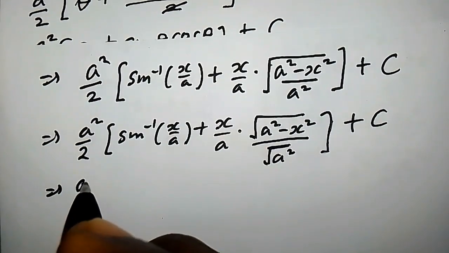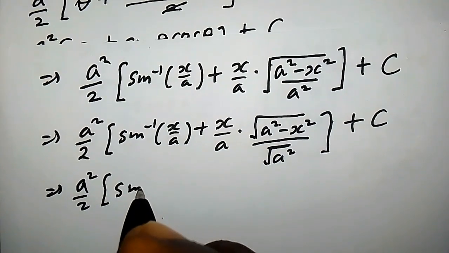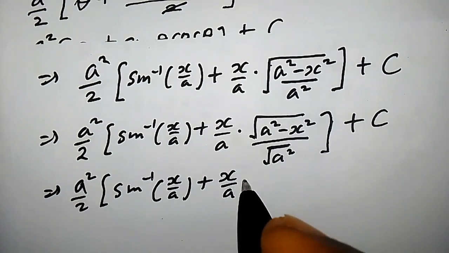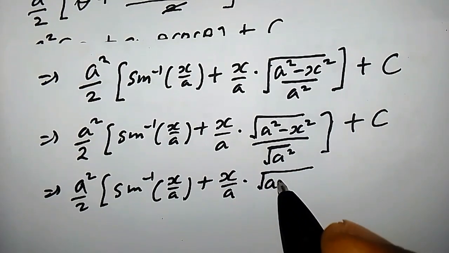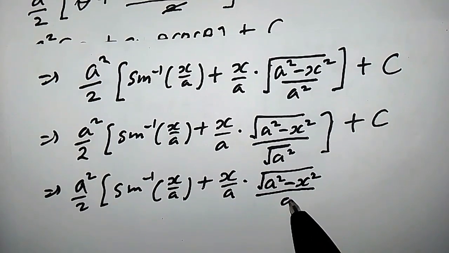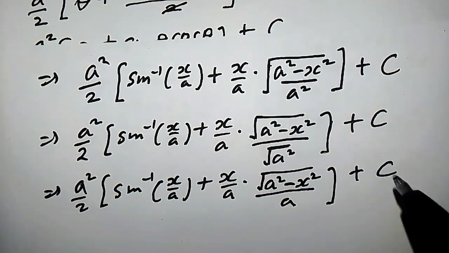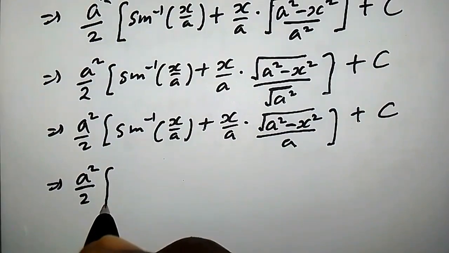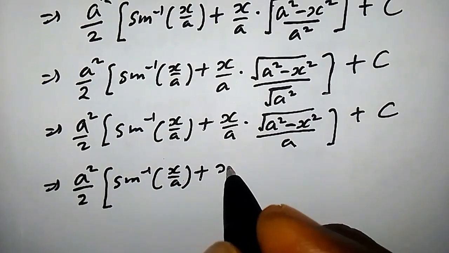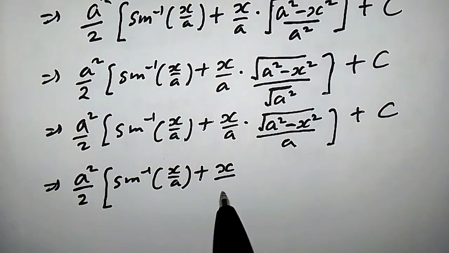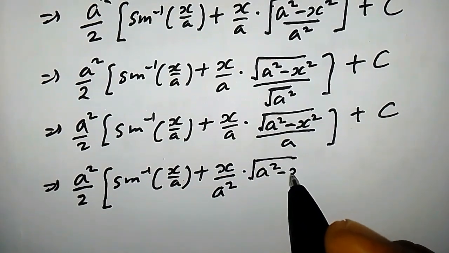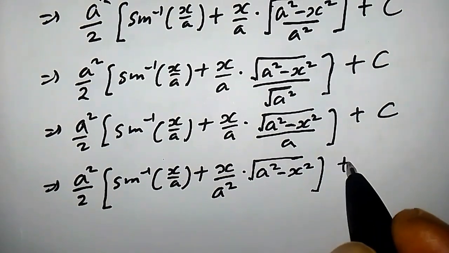This implies that a squared over 2 into arc sine of x over a plus x over a times square root of a squared minus x squared divided by square root of a squared, which is simply a, close the bracket, plus c.